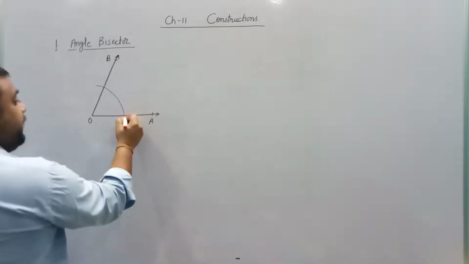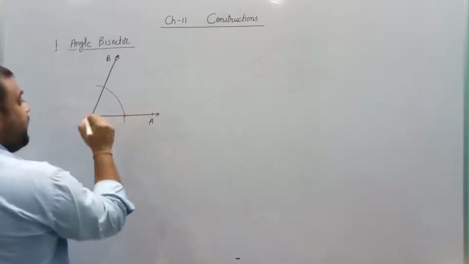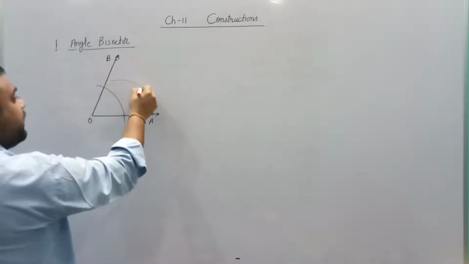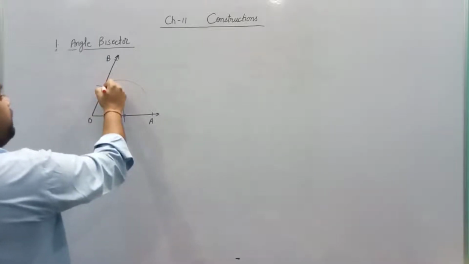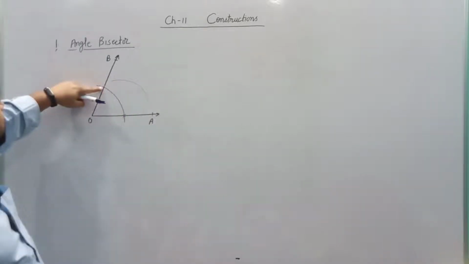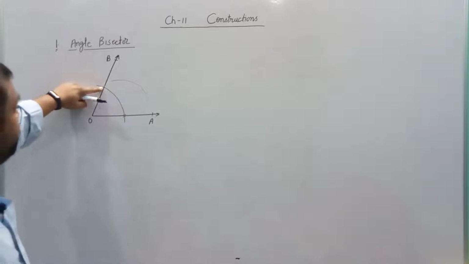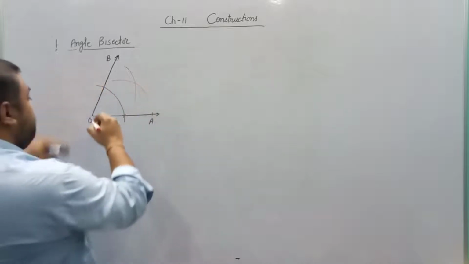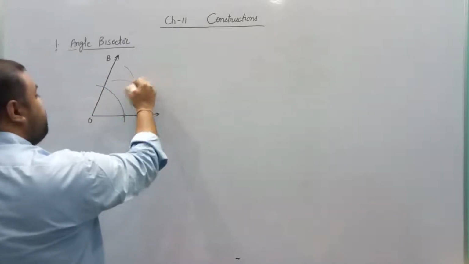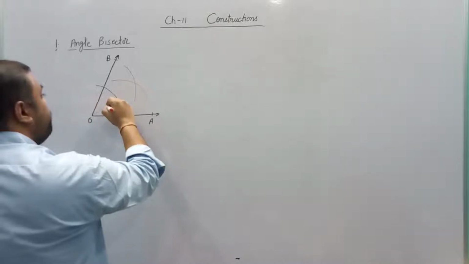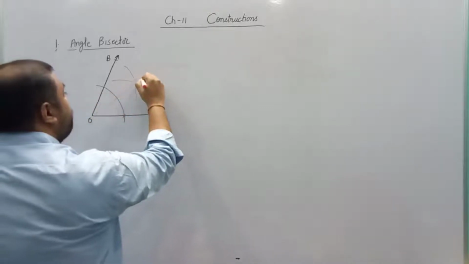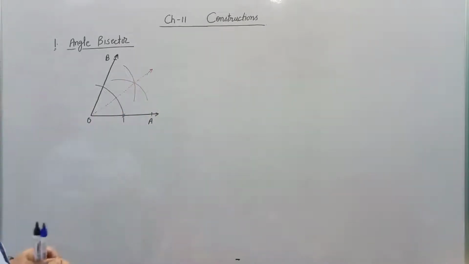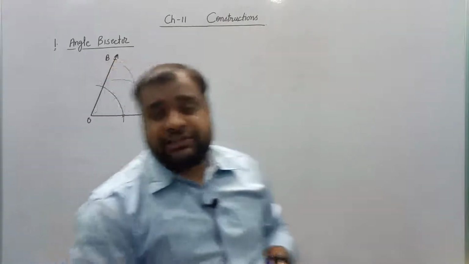Now taking this point as center and more than half of this arc, draw another arc. From this point, taking this as center and more than half of this arc, draw an arc. Now join this point with O.